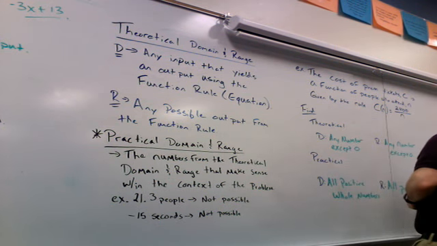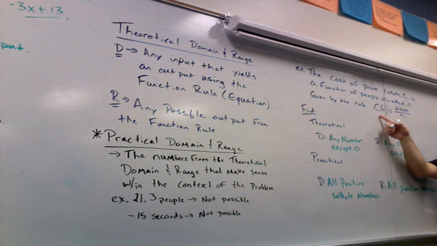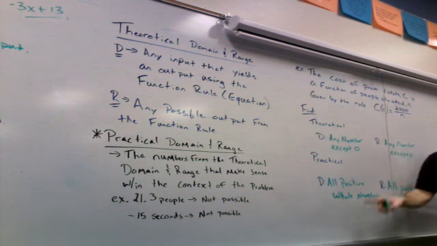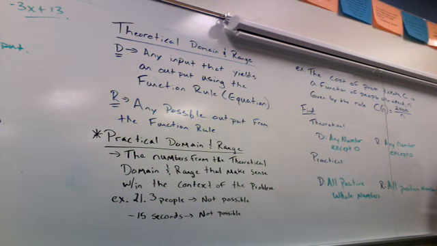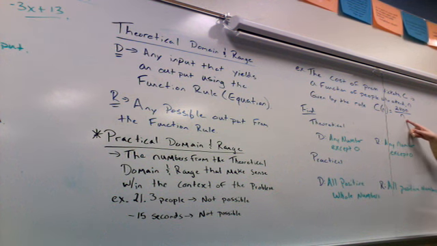So C is our outputs, so the range talks about C. N is our inputs, so our domain talks about N. Even though N is the denominator in our equation, that's why we can't have zero here, N is our input.